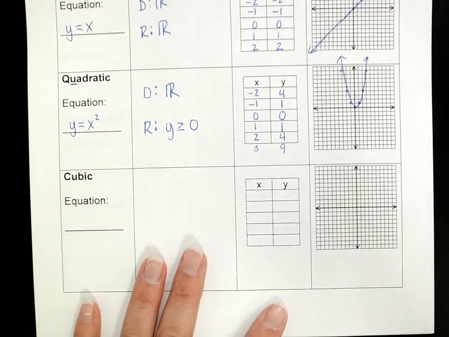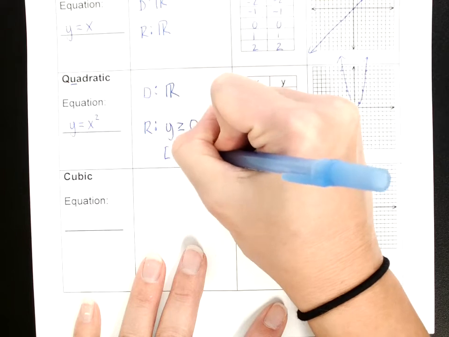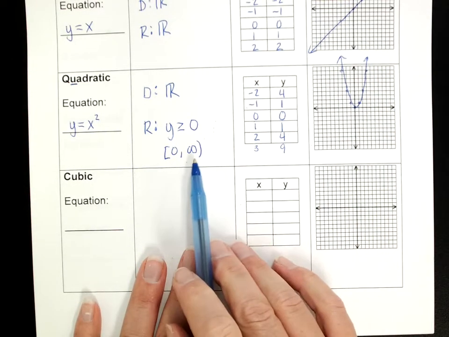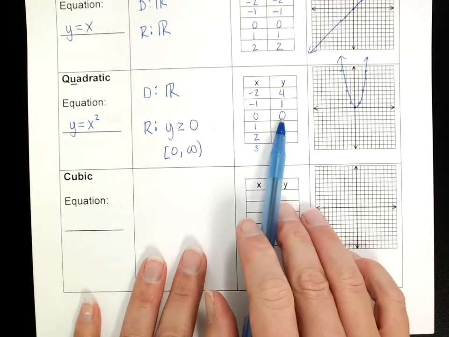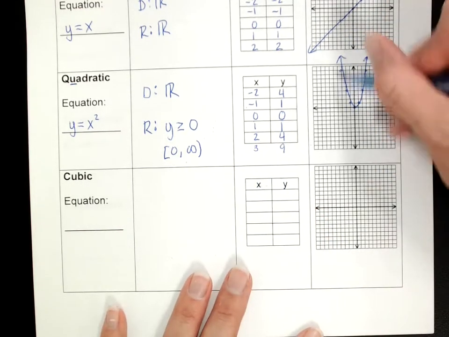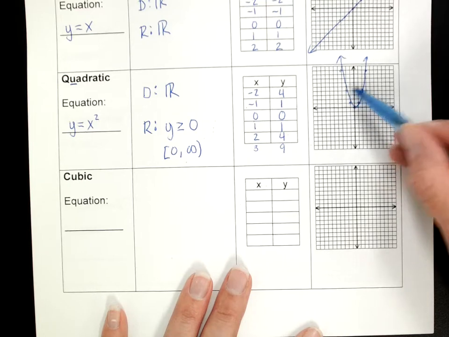Or if you prefer interval notation, you can say it's from 0 to infinity. Remember that we always use the parentheses on the infinity end and a bracket on the 0 because y can equal 0. I'd also like to point out the symmetry of this graph. Whatever your point is on this side, you're going to have one mirrored across on the other.